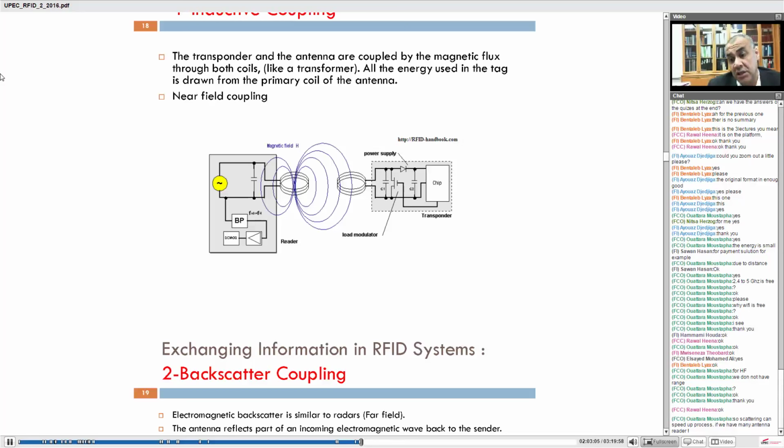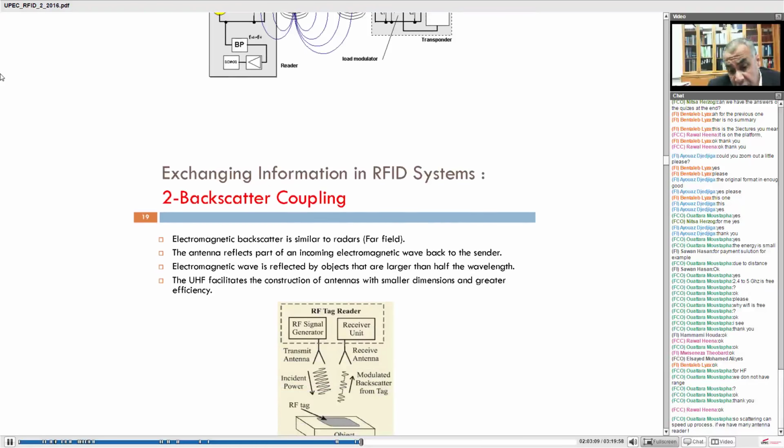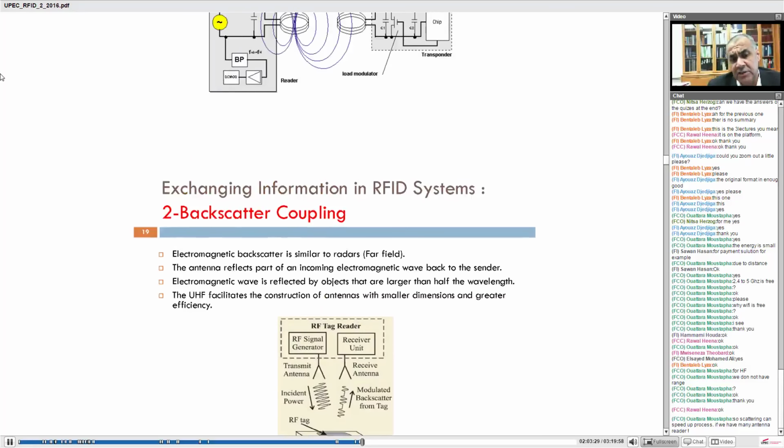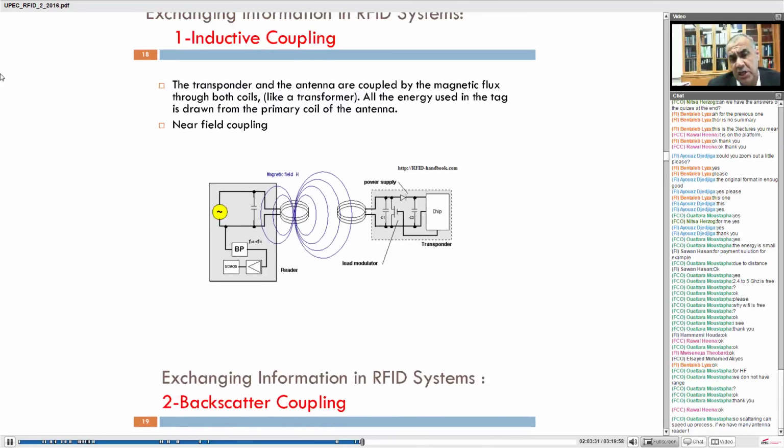It is not possible to do that with low frequency, because the frequency is very low. We saw earlier that the size of antennas is related to the frequency. If you have a low frequency, you have big antennas, and if you have a high frequency, you can design small antennas, because the size is inversely proportional to the wavelength lambda.